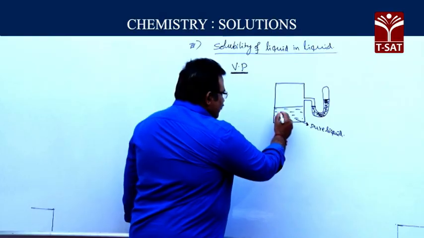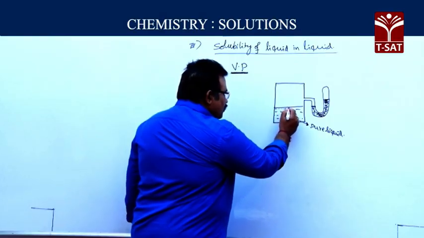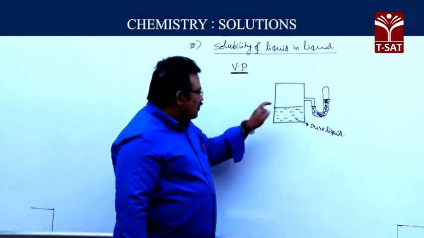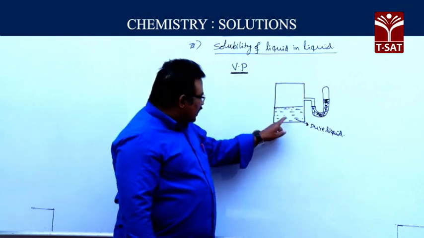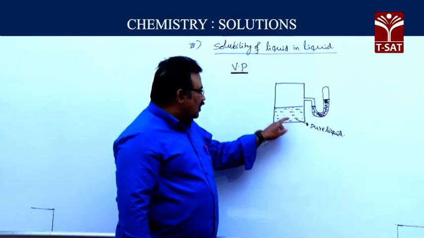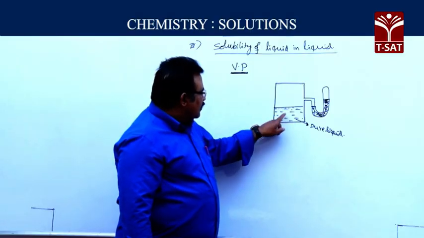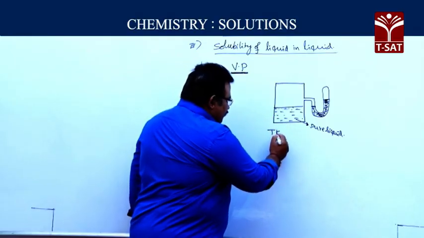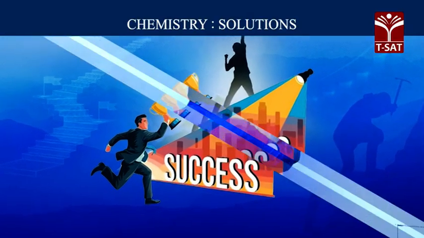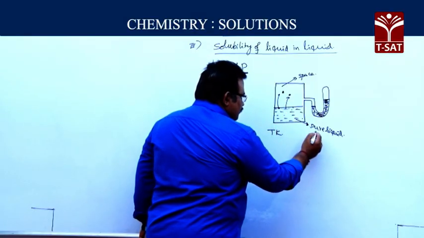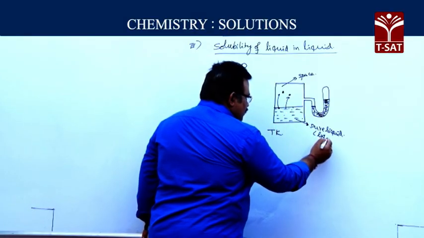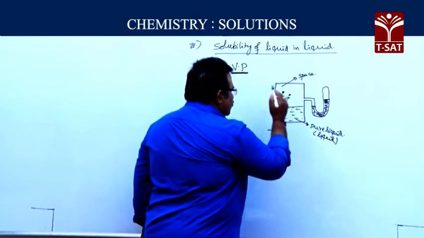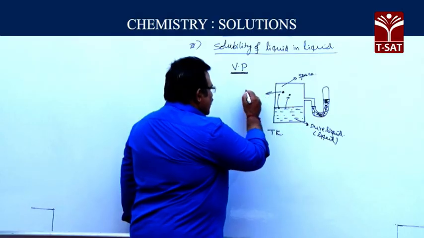In the pure liquid, the molecules present on the surface have more kinetic energy than the molecules present in the bulk. At a given temperature, the liquid phase is converted into the vapor phase.